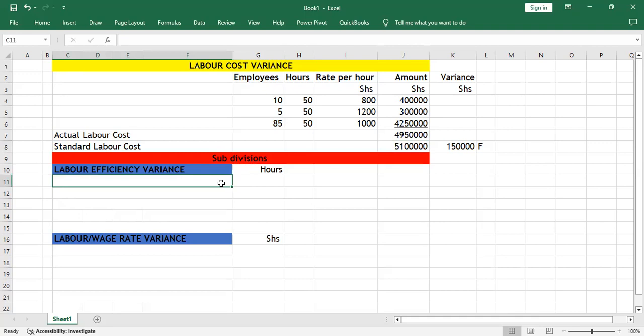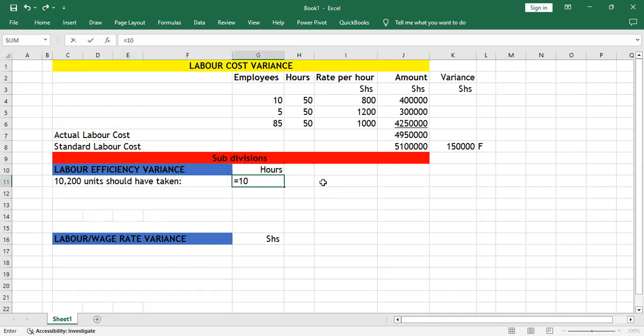We know very well that we have produced 10,200 units in a week. How many hours should these 10,200 units have taken?